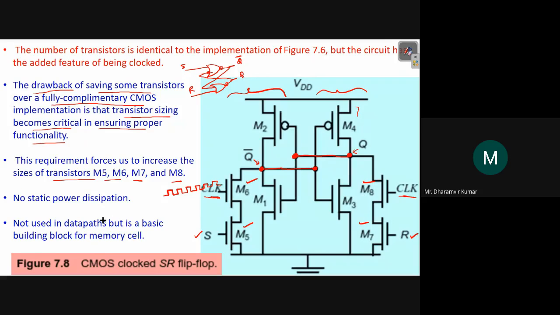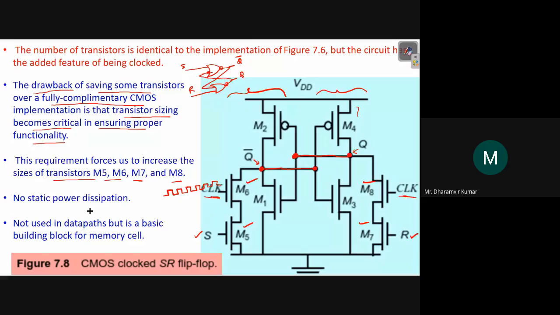What is the relation between these sizes? Why is it done, and how do we decide the sizing of transistors? What is the logical effort? There are topics for that, and we will come to them later in the future.